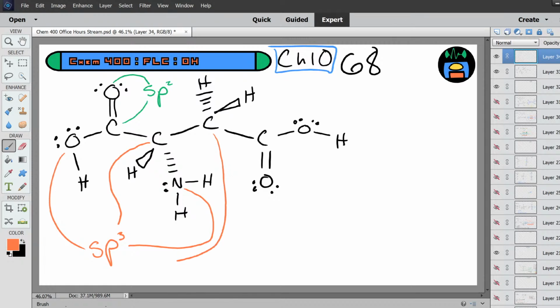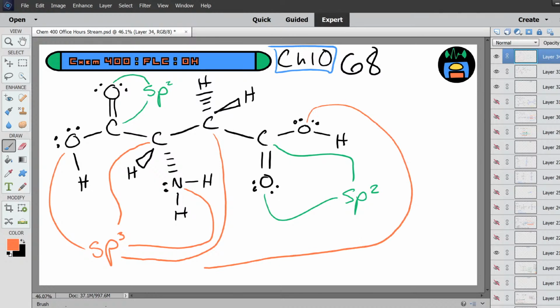This carbon, 4 atoms attached, sp3. This oxygen, 2 lone pairs, 1 atom, 3 groups, sp2. This carbon, 3 atoms, no lone pairs, sp2. Finally, this oxygen, 2 atoms, 2 lone pairs, 4 groups, sp3.